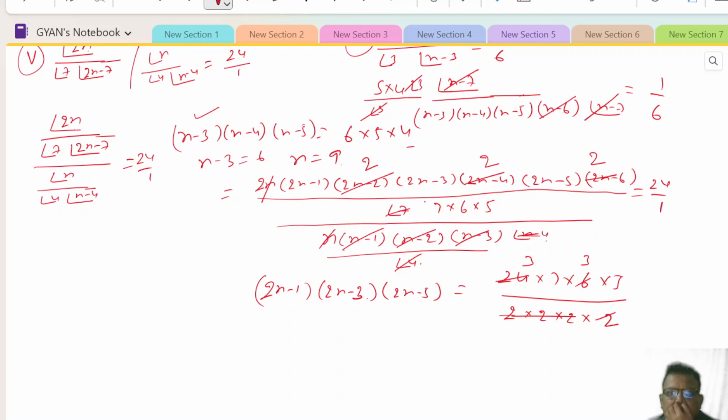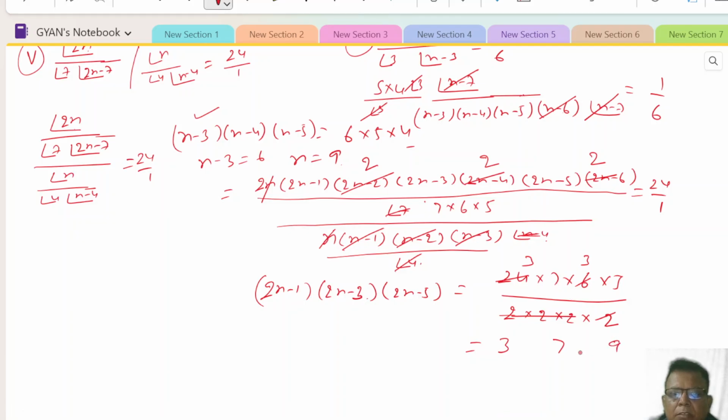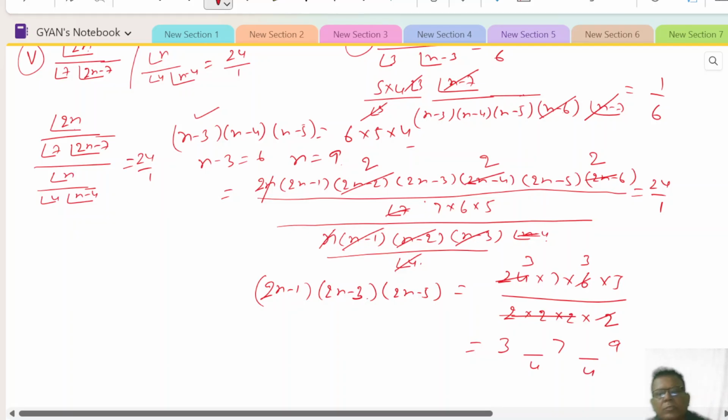So this can be written as 3 into 7 and 3, 7, 9. So the difference is 4. Here the difference is 4.